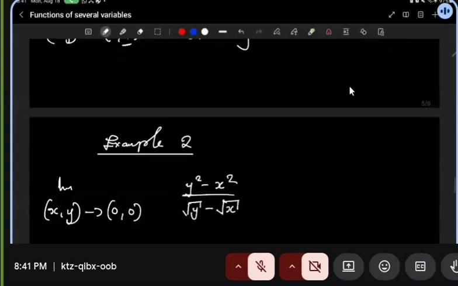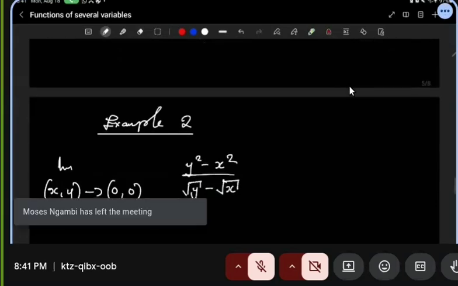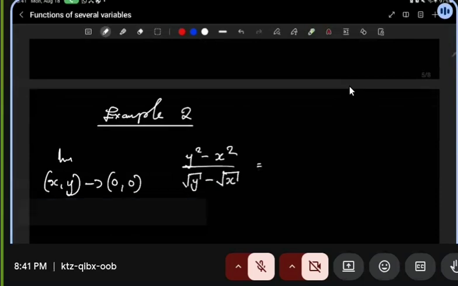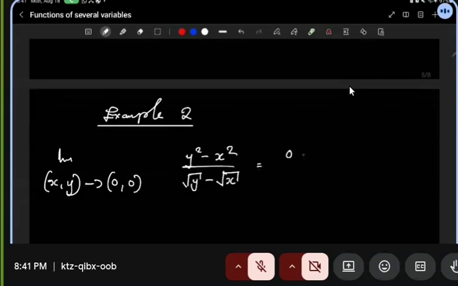So let's say you have something like this one. Here we see that if we tried to substitute directly, we're going to have 0 minus 0 over 0 minus 0. Clearly, we can see that at the point 0, 0, the function is not defined because we're going to have that 0 in the denominator. So direct substitution will not work for a function like this one.